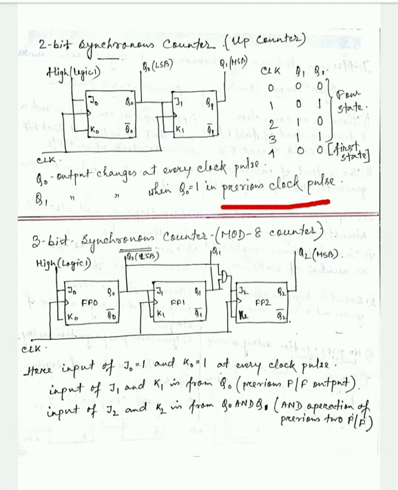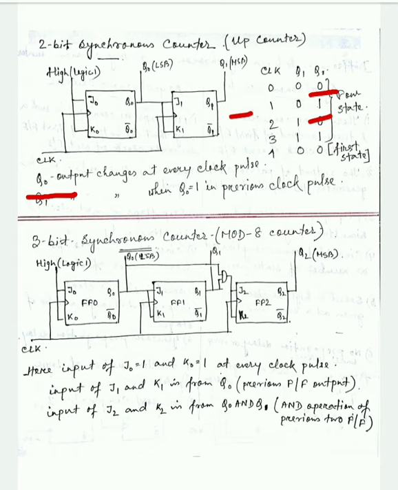So we see that whenever the clock is 0, all the flip-flops are 0. Whenever the clock is 1, meaning the first clock pulse, we already know that Q0 changes for every clock pulse. At first its value is 0, and for the first clock pulse, 0 changes to 1.